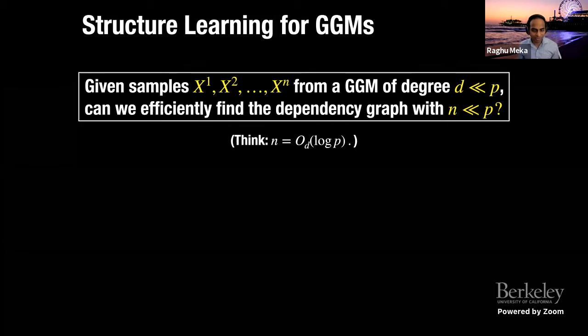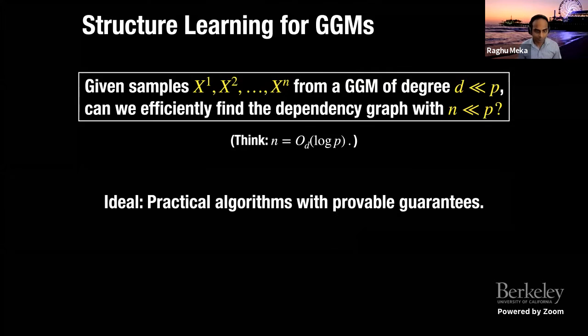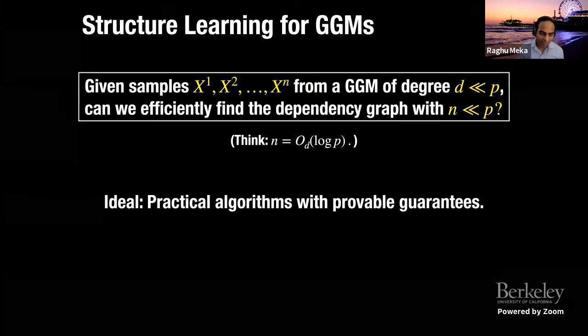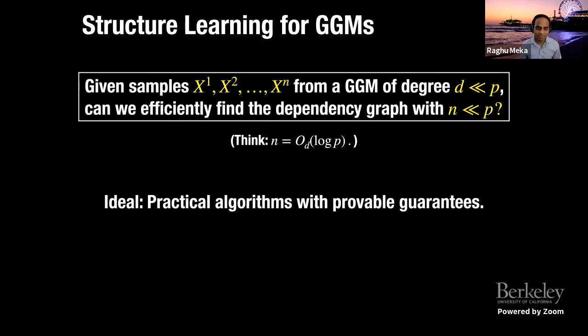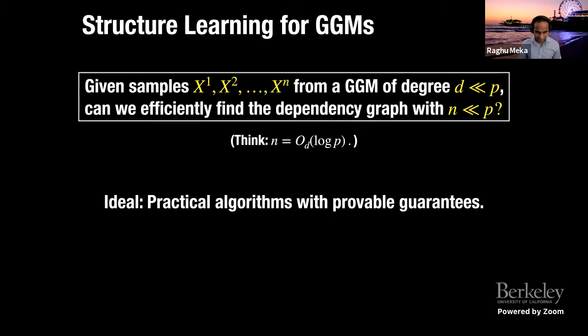The dependence on d could be poly d or something, but it's interesting even if you have something which is exponential in d. As I said, learning the dependency graph is the core of the problem, and once we have that, we can learn parameters easily. And the ideal, of course, is to develop simple algorithms with provable guarantees, and that's what we'll strive toward.